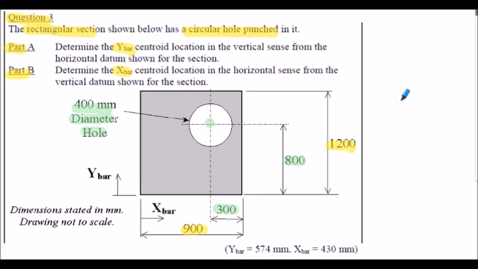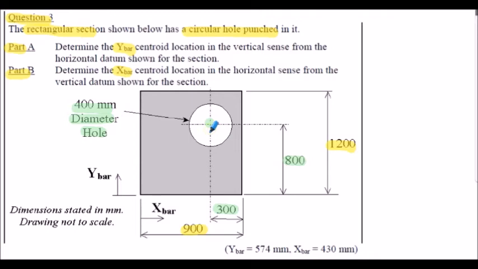The approach we adopt here is identical to that of all the previous examples and questions we've been considering. The only thing that's different is that because we are considering a hole in the plate, that will be a negative area in our table. So when we work out the area of the circle using pi r squared or pi d squared upon 4, whichever formula you prefer to use, it will be a negative area and therefore it will generate a negative area moment.